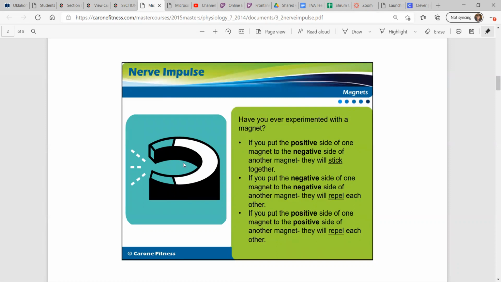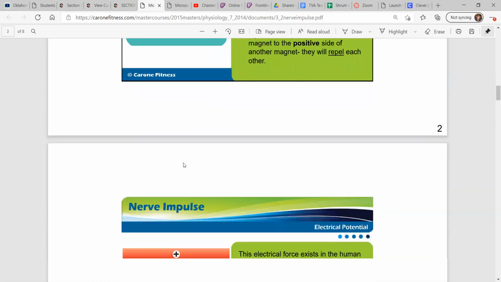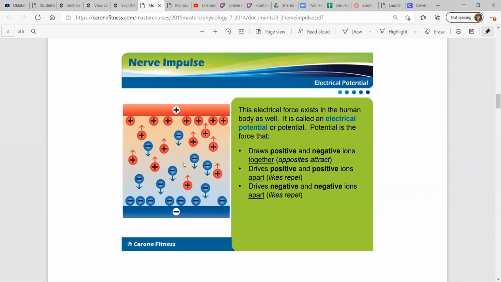And the same happens with the positive. So positive and negative ends of magnets go together, negative, negative, and positive, positive repel each other. And this electrical force exists in the human body as well. So think about magnetism and positive and negative charges.